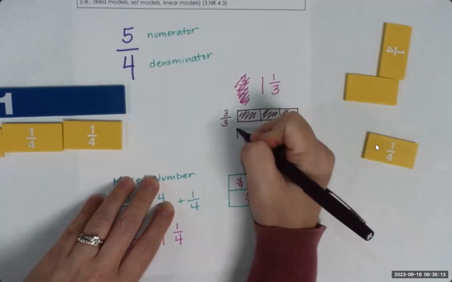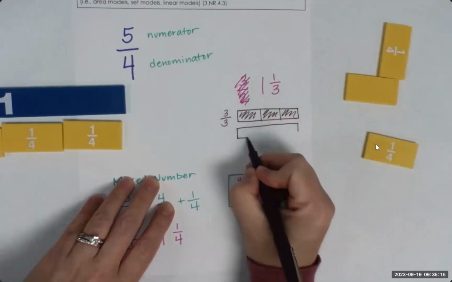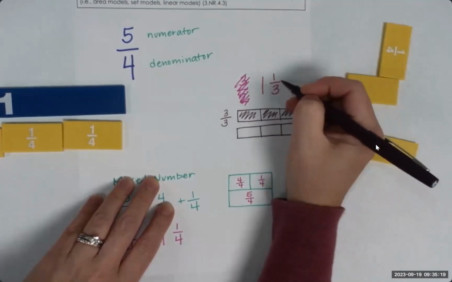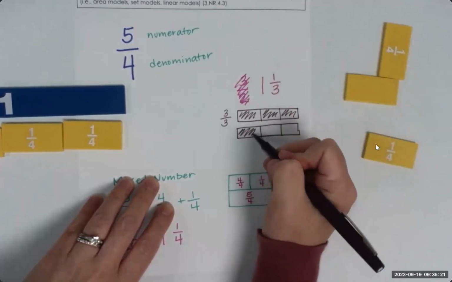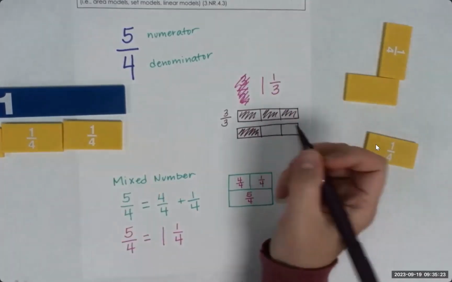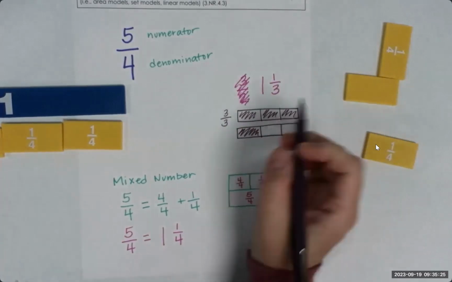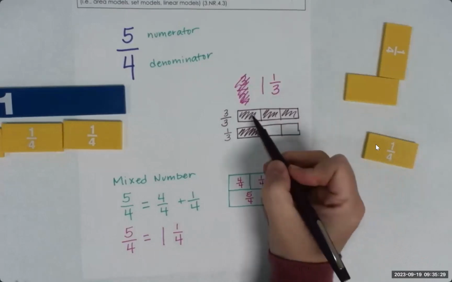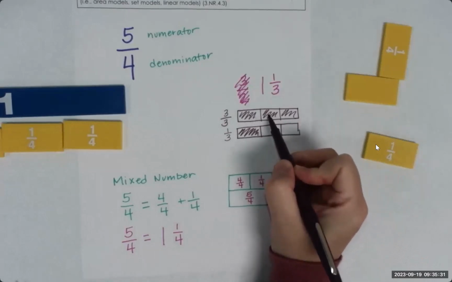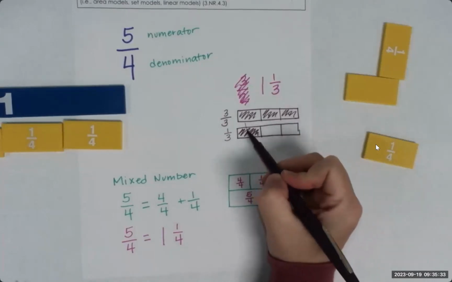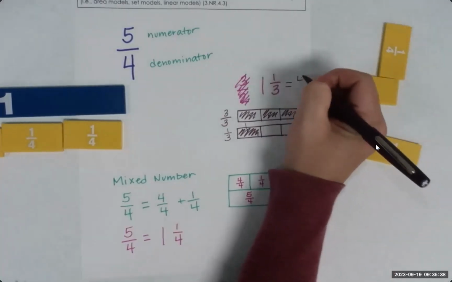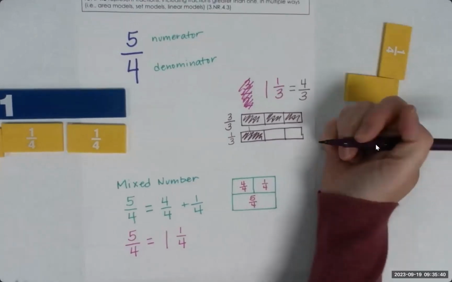And then I need 1 more whole, and I'm going to again partition this into thirds, but I only need 1 more. So by drawing it this way, I see this model is worth 3/3 and this model is worth 1/3. I could also count 1/3, 2/3, 3/3, 4/3, and know that 1 1/3 is the same as 4/3.